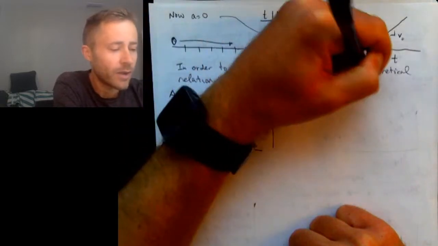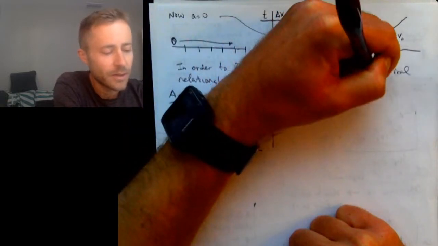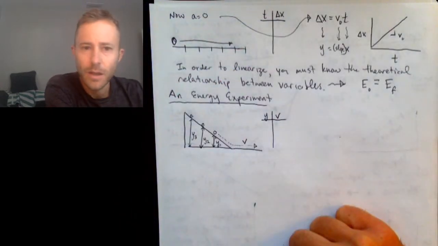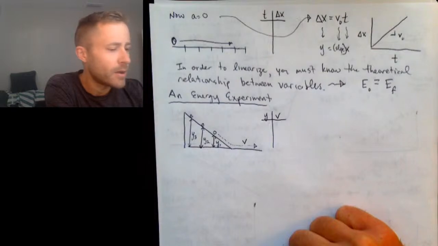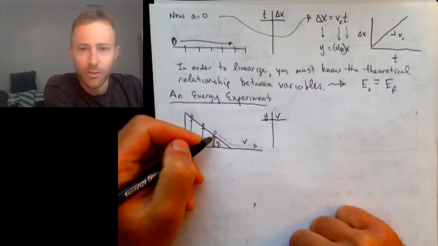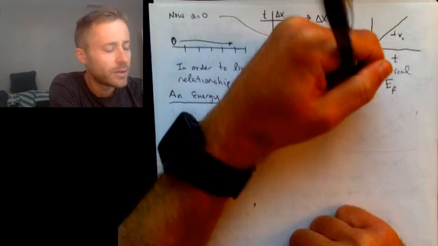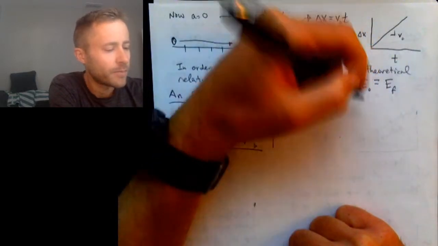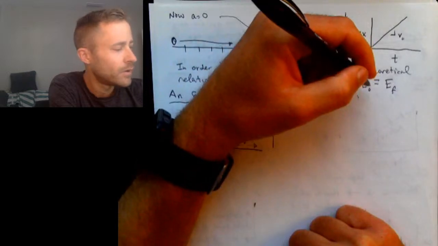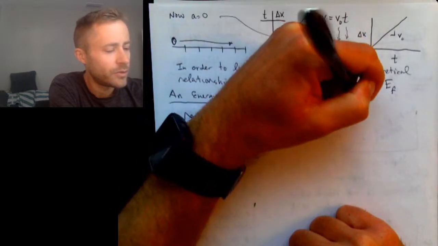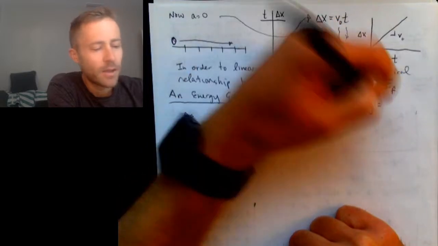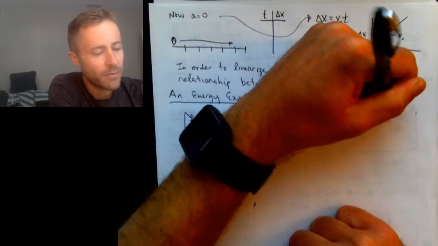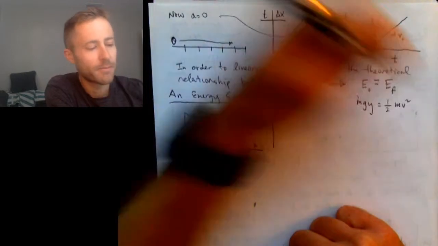So I have initial energy equals final energy, and the initial energy is gravitational potential, mgy, and the final energy is kinetic, 1/2 mv squared.